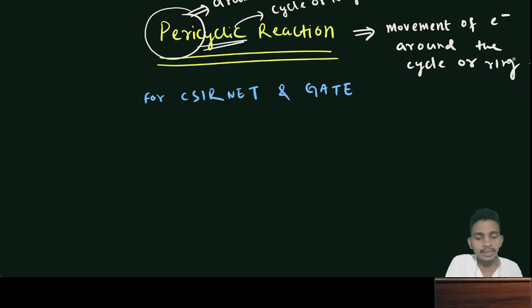In this whole chapter we will try to understand how the movement of electrons occurs around the cycle or the ring. So the whole concept lies behind this topic: movement of electrons around the cycle or ring.